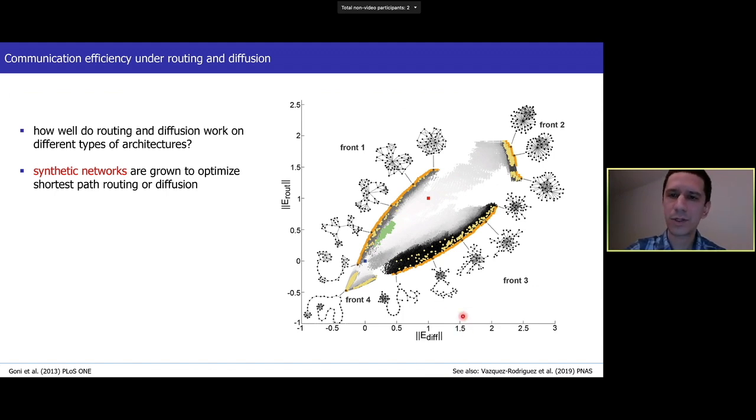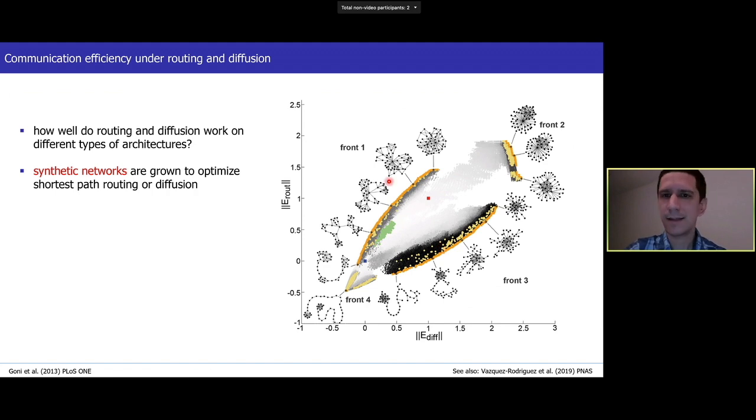And when you do that, you create what's called a morphospace. So this is a space of different types of network arrangements that are possible given the constraints. And the nice thing about this paradigm is that this morphospace actually starts to form one or more fronts. So these are frontiers of what kinds of network arrangements are possible given these constraints.